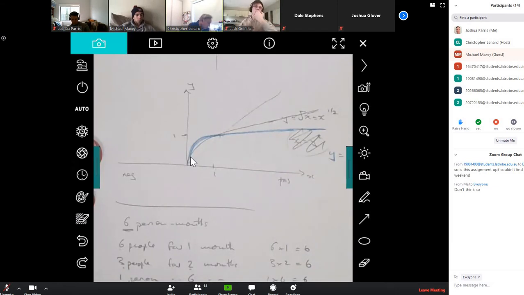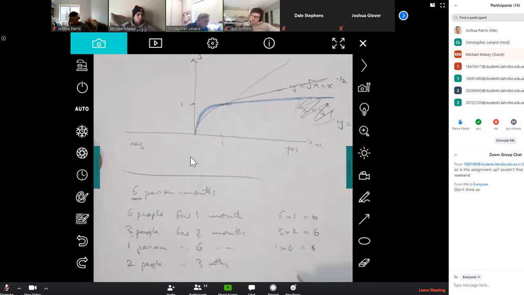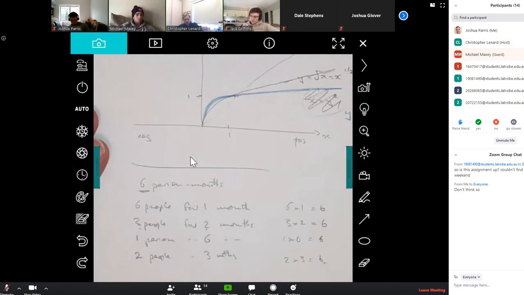You could have 2 people working for 3 months, and that would still give you 6 person months. So this idea of person months is just a simple way of measuring how much human work is involved in developing an application or a program.